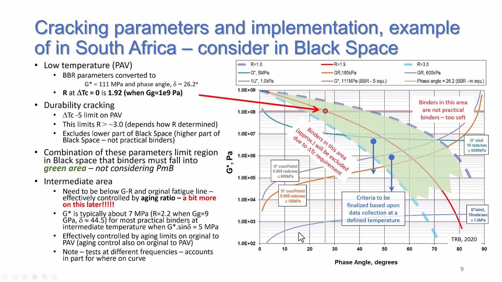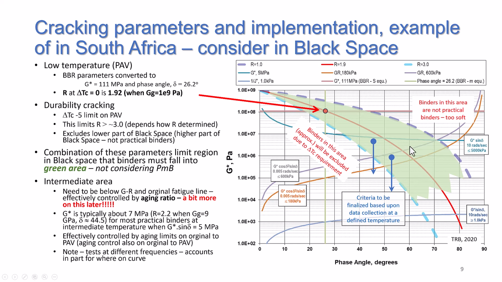What we've also shown on here is this is the G star divided by sine delta. These are the Glover-Rowe lines that are based upon the original work done by Charles Glover, just converting them to this equation rather than his viscosity function.